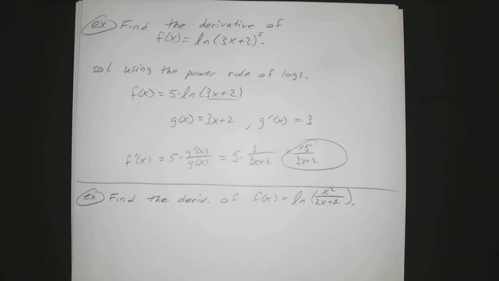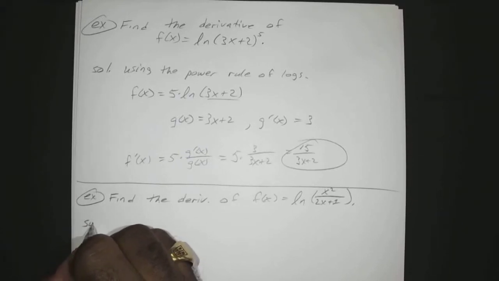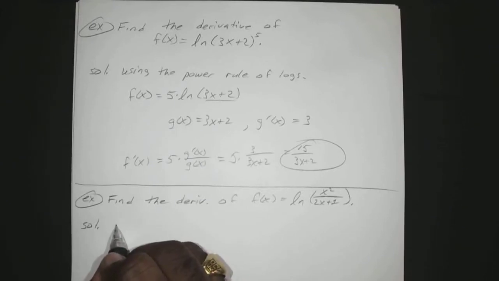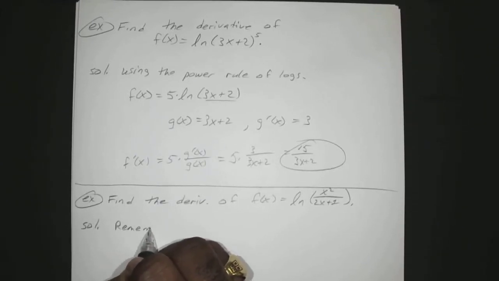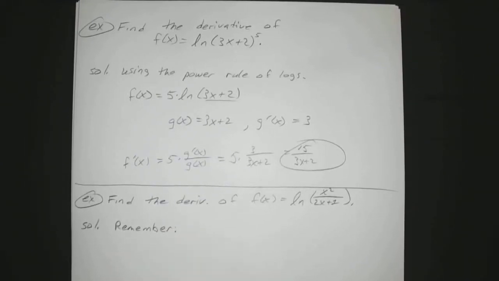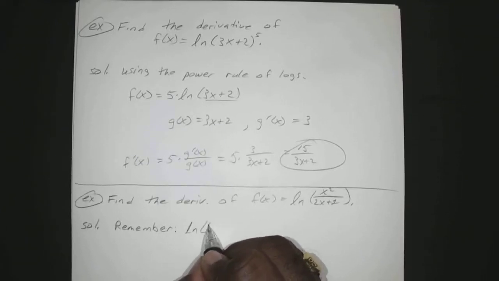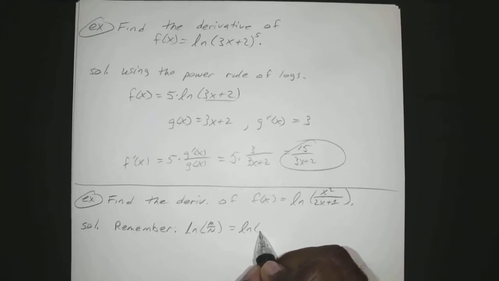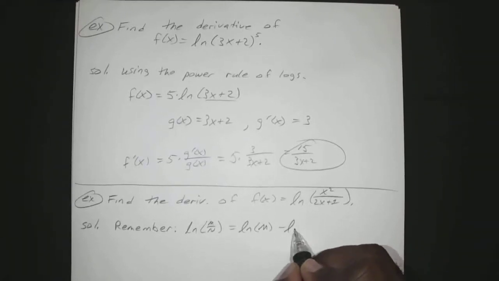So if you had just x squared over 2x plus 1, you'd be thinking quotient rule. But with natural logs, you won't have to use the quotient rule. Because remember, the natural log of m over n is equal to the natural log of m minus the natural log of n.